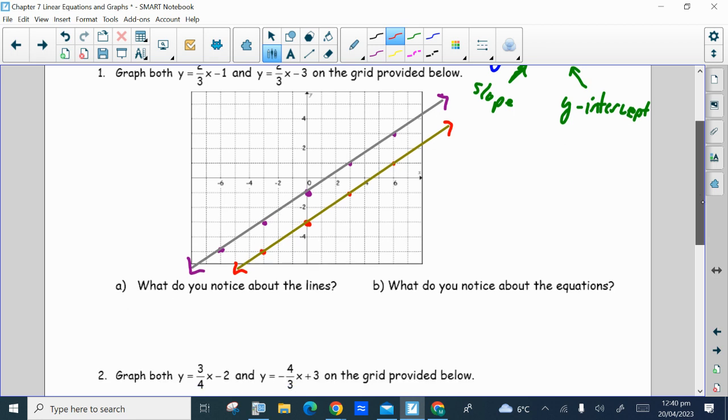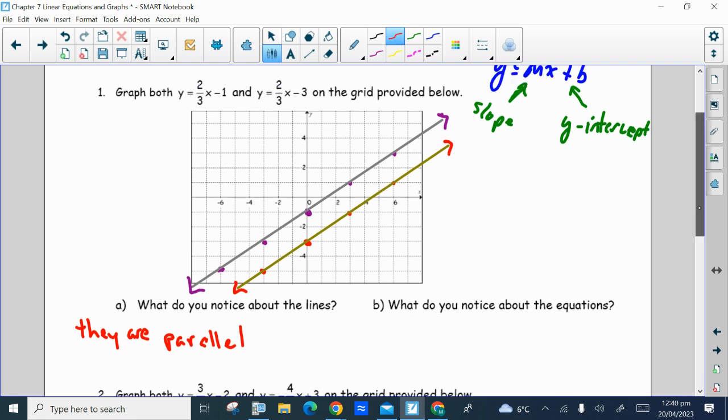So part A says, what do you recognize about these lines? And what you should recognize is that they are parallel. They go at exactly the same angle. They will never cross. They will never intersect. And we know that's true because their slopes are the same. That's what we notice about the equations.